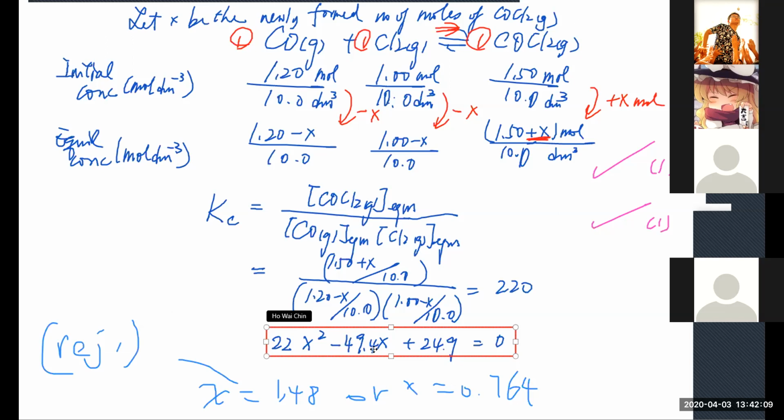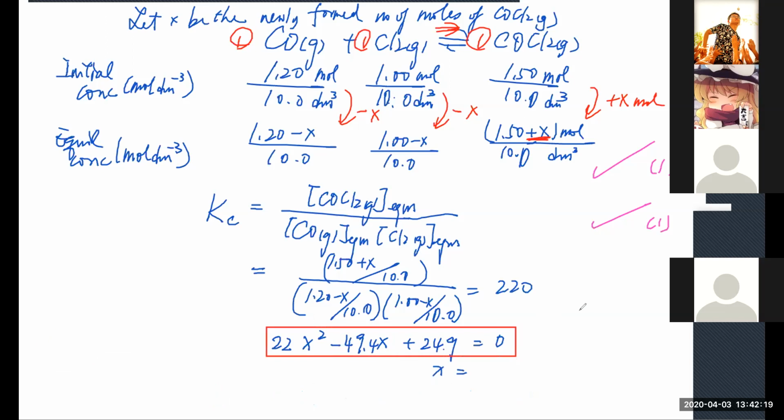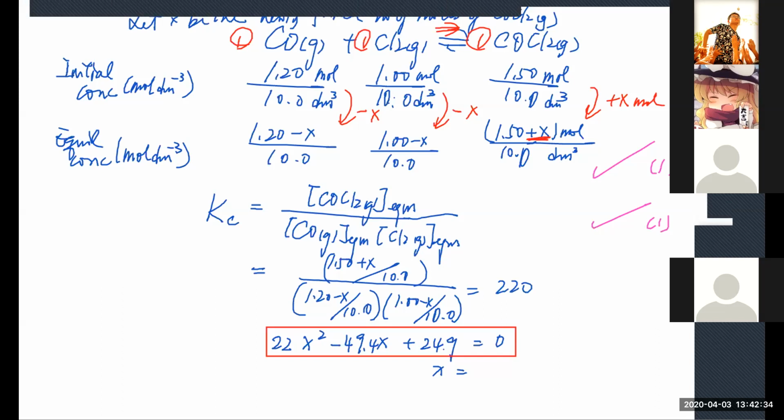So what is the value of x? I'll give you some time until you can get the correct answer. X, what is that? We've got two data, right? 0.764, or 1.48.